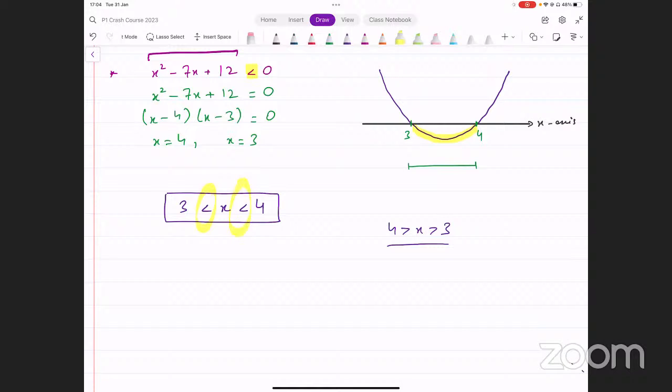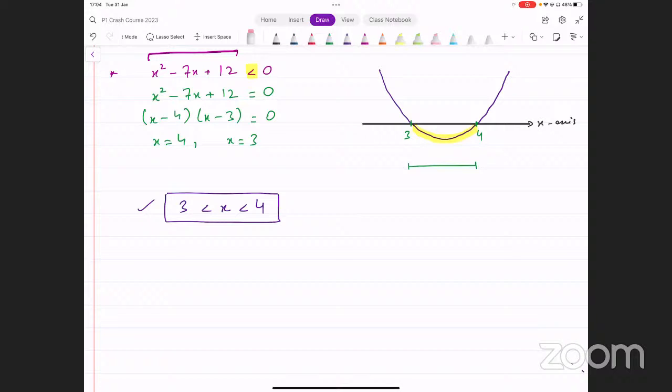So I would recommend that this is what you do, because this is what's recommended in the marking schemes and not this. Although it can make sense mathematically as well, that 4 is greater than x and x is greater than 3, they normally prefer it the other way around, that you write 3 on the left and 4 on the right. So the smaller number on the left side and bigger number on the right side. So this would be your final answer. You would not write it like that.